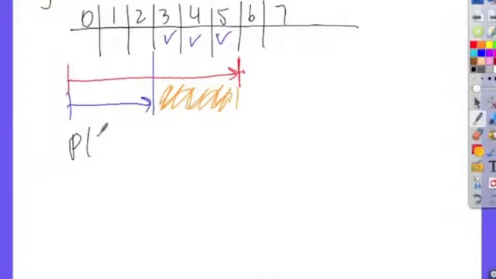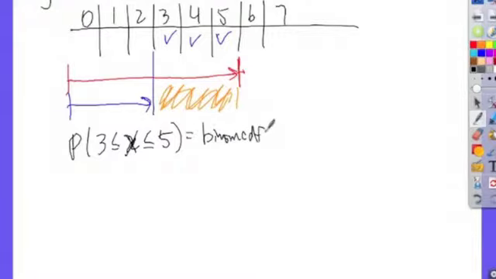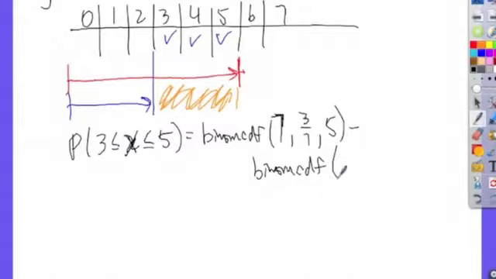The probability of x being between 3 and 5, I would do binom CDF, the bigger amount, so it would be 7 trials, probability of success 3/7, up to 5, minus the binom CDF, 7 trials, probability of success 3/7, and I want the calculator to add up to 2. You can perform this all in one line.